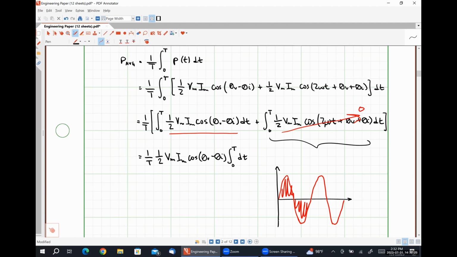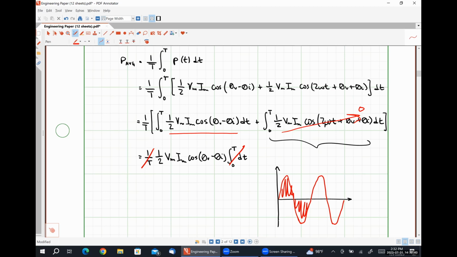Well, what's that integral from 0 to T of dt doing? It's just canceling out this 1 over T in the front. The average value of a constant is the constant. That should make a lot of sense here.